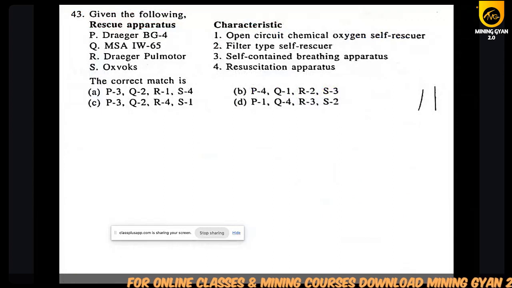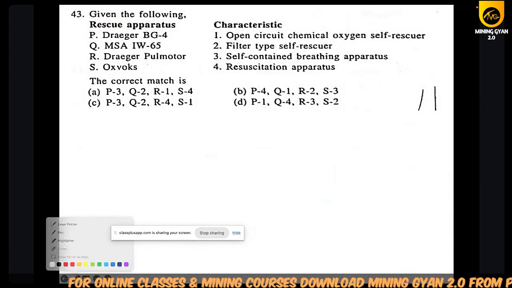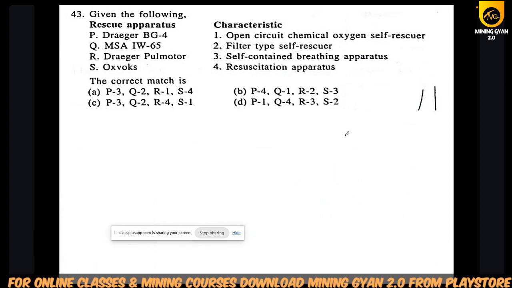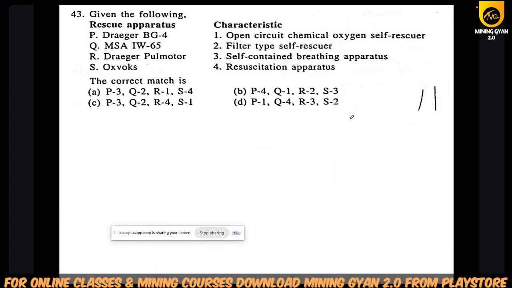43. Give your answer. I told you they will ask you a question in which they will give you match the following; they may ask.